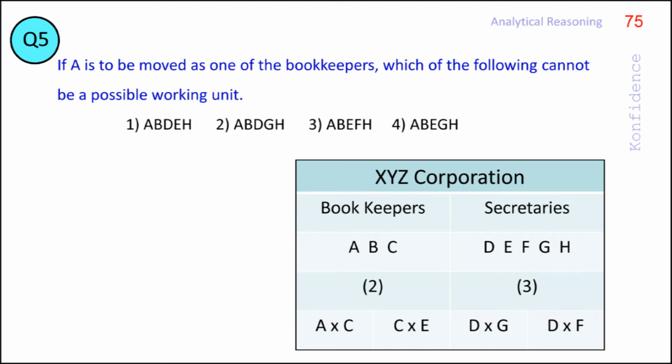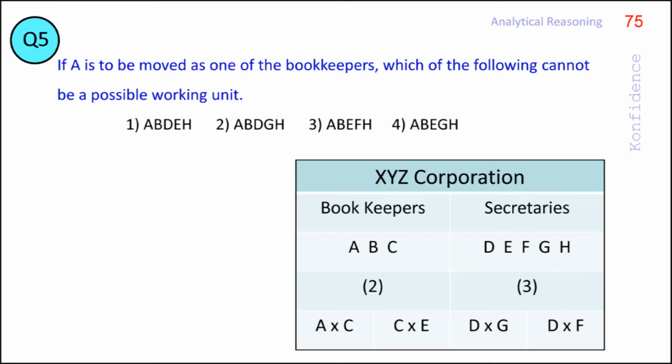The 5th question wants us to choose the option that is not in line with the requirements. I repeat, the 5th question wants us to choose the option that is not in line with the requirements. The word cannot is very important. If you miss that, every option will be correct and you are most likely to mark option 1 as the answer.